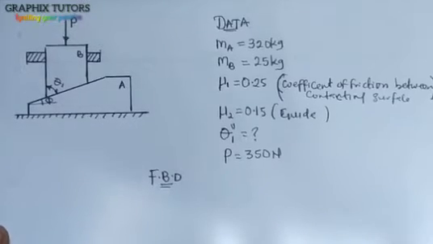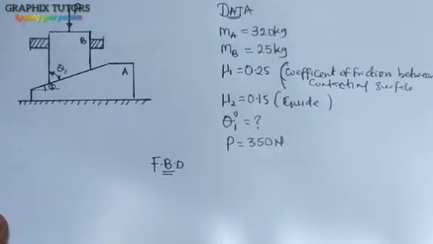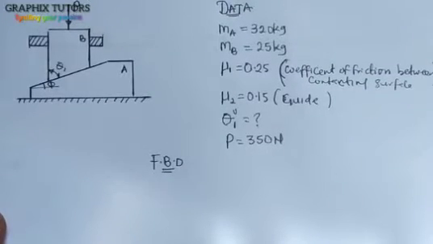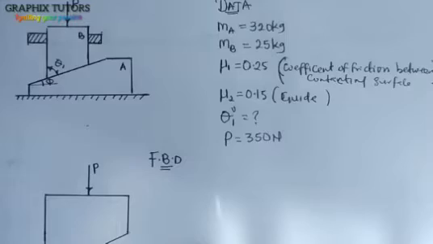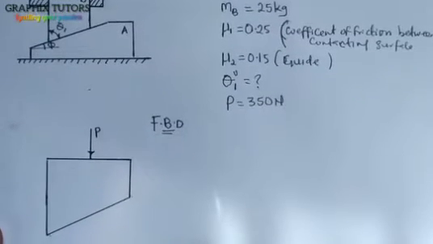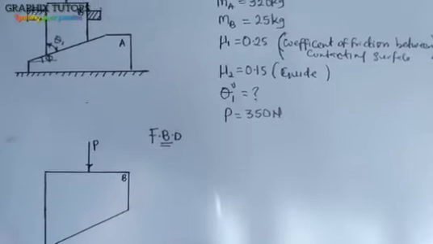So we start with wedge A, wedge B. Let's see how that goes, working with wedge B. So I'm going to replicate wedge B, and I'll be having something like this. Now this is what I have. I've drawn this for wedge B.